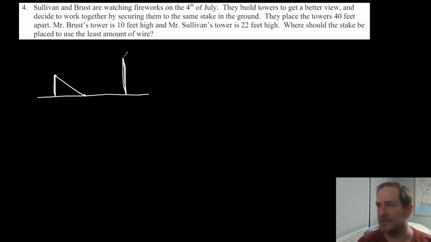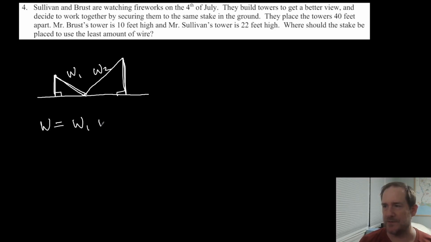But if you're really curious, we said these two tower problems are just two right triangles. And there's a wire going from here to here, so call that W1. This hypotenuse is a second wire, W2. And these problems revolve around trying to minimize the amount of wire that you use. So you want to minimize W1 plus W2. And W1 would come from the Pythagorean theorem.